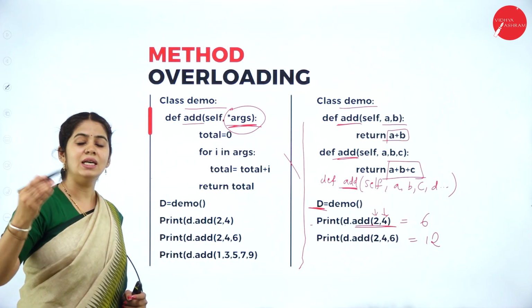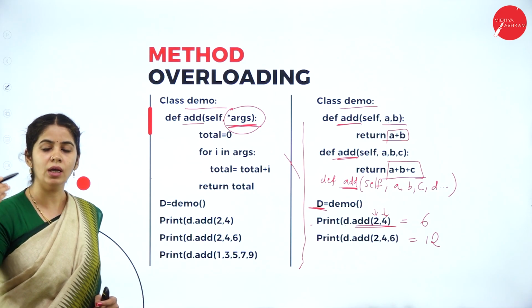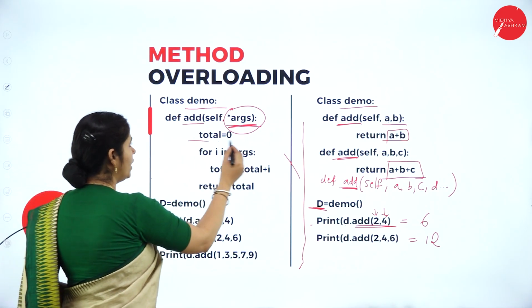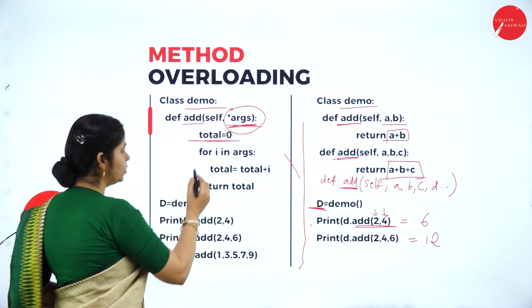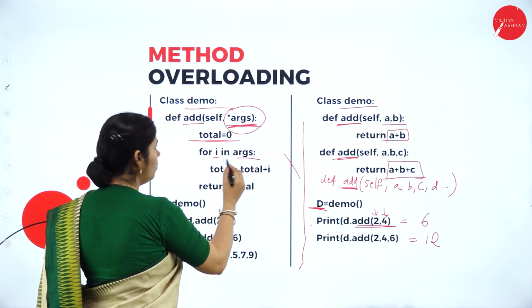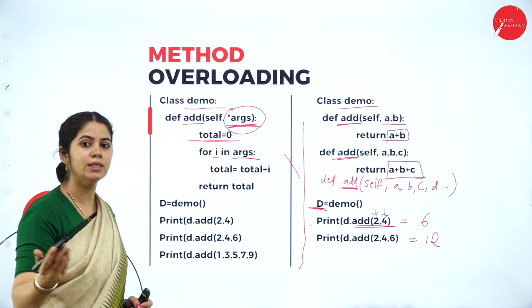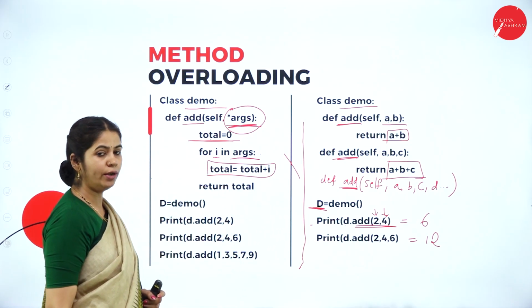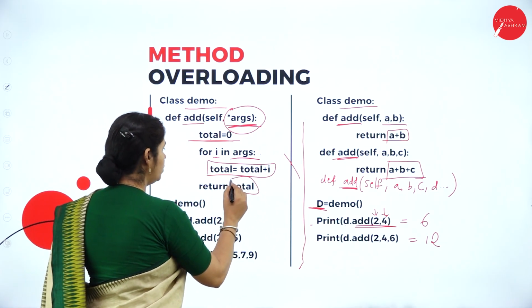You can increase the integer values, as many arguments as you want. So we define one variable called total. Total will run from i over all the arguments, till that far it will run, compute the addition operation and return the total value.